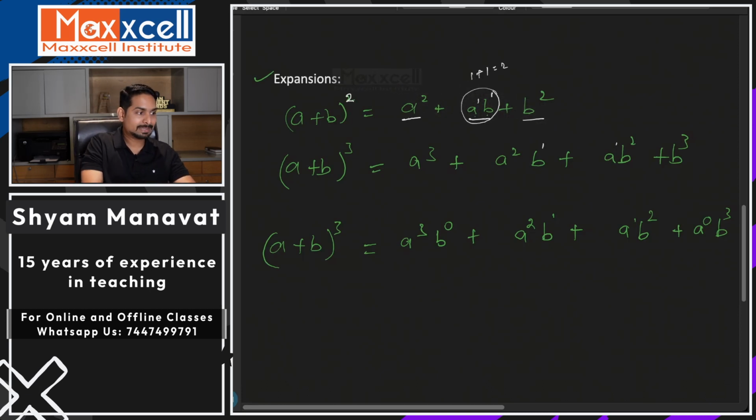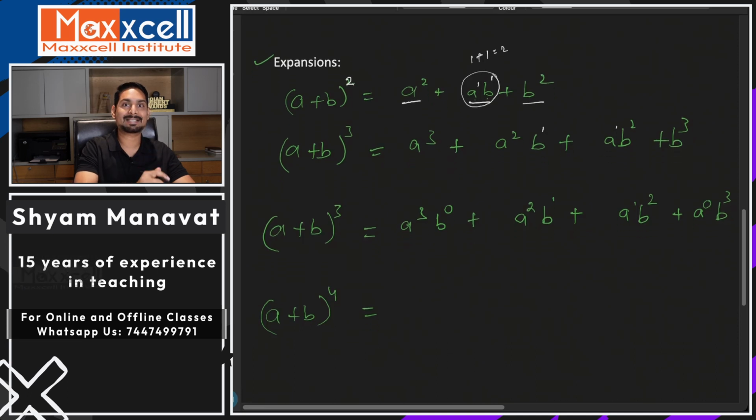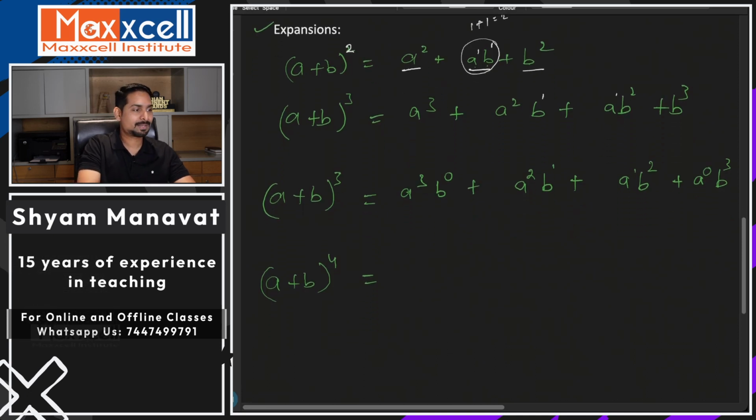Now if I tell you to write a plus b to the power 4, pause this video and try writing this only in terms of a and b. We will discuss later what the numbers should be, but first try writing in terms of a and b. What will you get? I am sure most of you must have got the right answer.